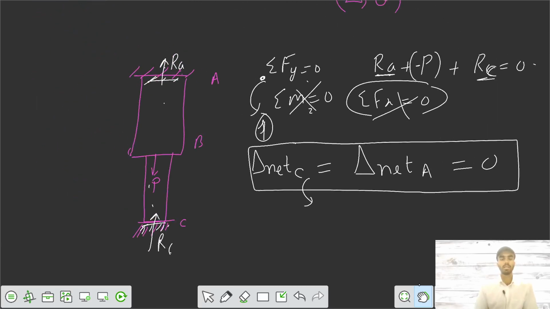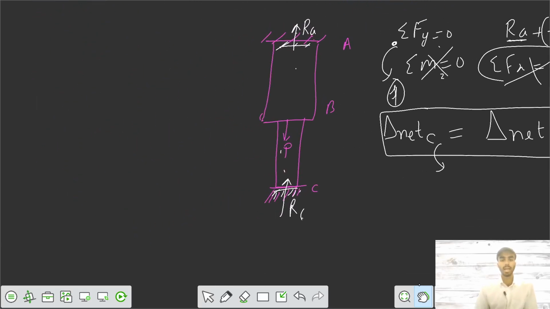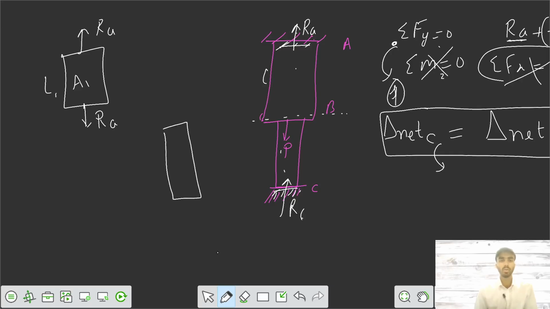Yeah. Let's say we are making free body diagrams. Let's say here the reaction is RA, and if we cut a little section, here the reaction RA will come out. Length is L1, area of cross section A1, whatever it may be, and for bar 2 we have a force of P here, and also reaction A in the upward direction.